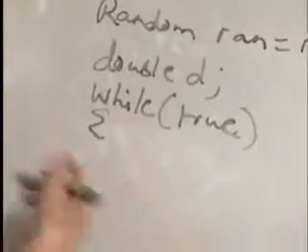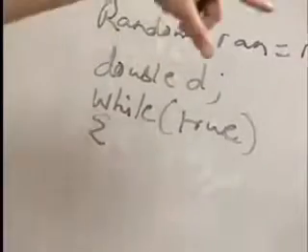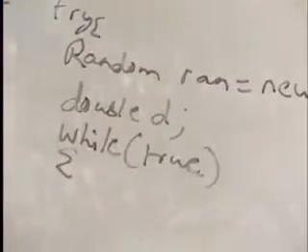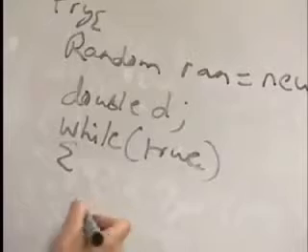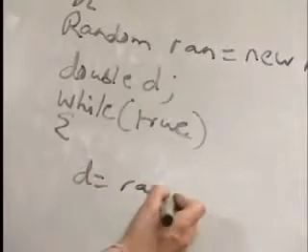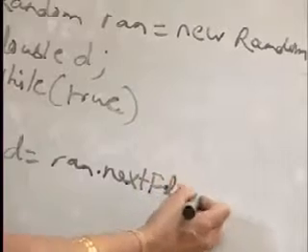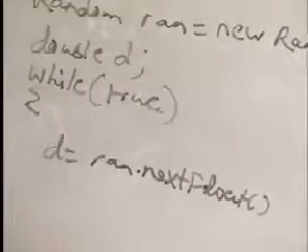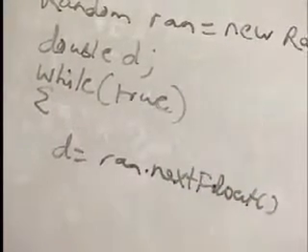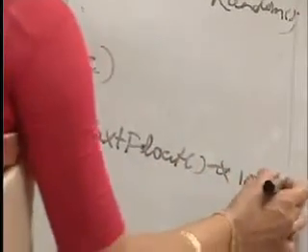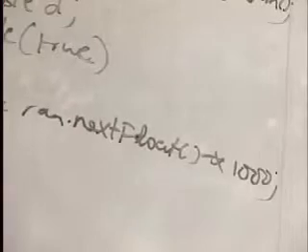So in the while true loop, we go on generating the number, and the other side keeps receiving the number to keep displaying the average. So d is equal to ran.nextFloat, which is a method there. This returns a float type of value. I'm just going to apply some formula on this to get a double number.